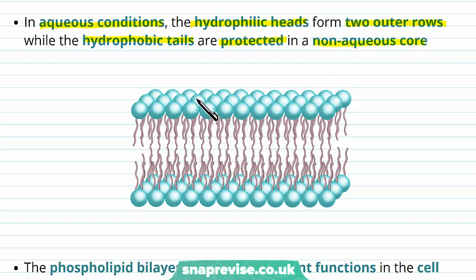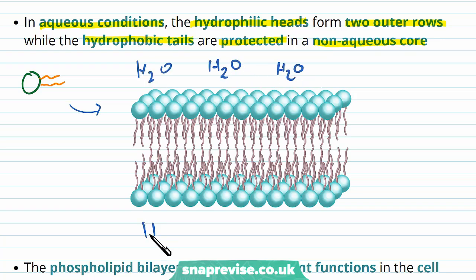So imagine we've just dunked a load of these phospholipids, which are represented again, the phosphate head and the two fatty acid tails. Imagine if we then immerse lots of these into a watery environment. Well, the hydrophilic heads like the water, so they're going to try and face the water and attract it. So you can see that all of the hydrophilic heads face outwards towards wherever the water is.